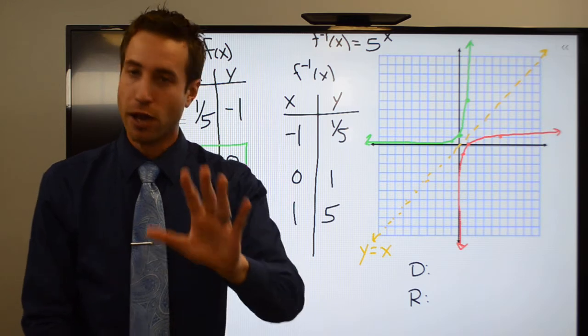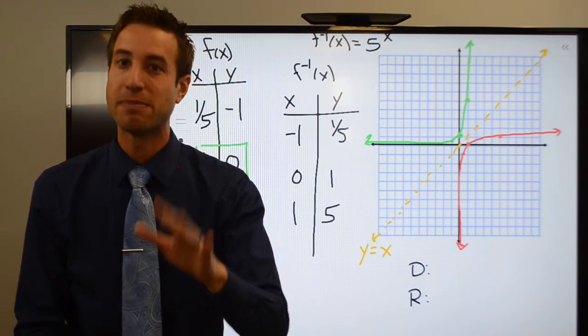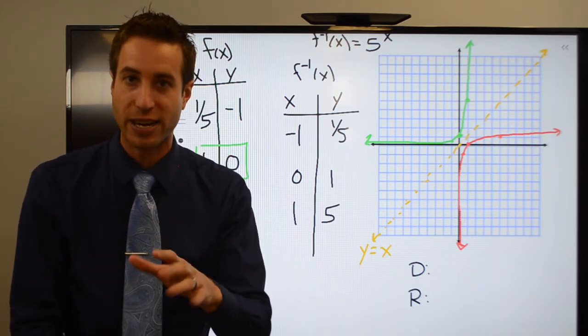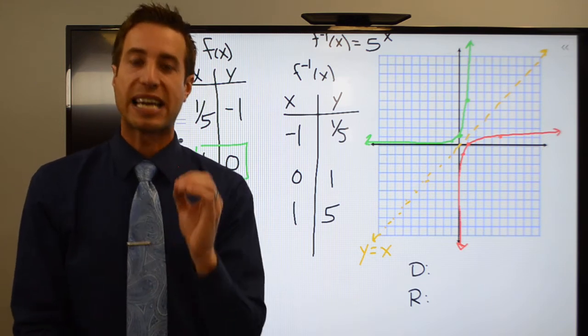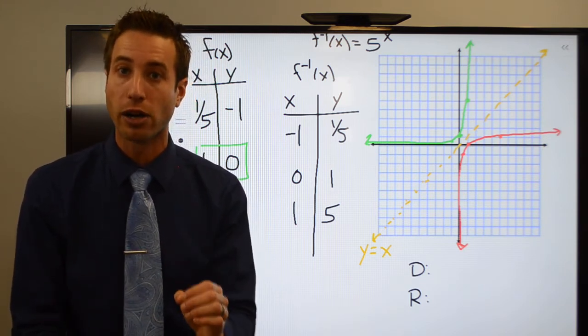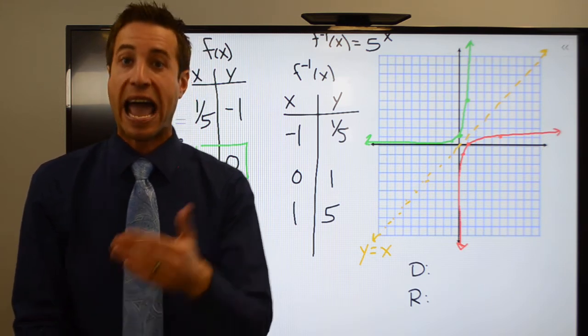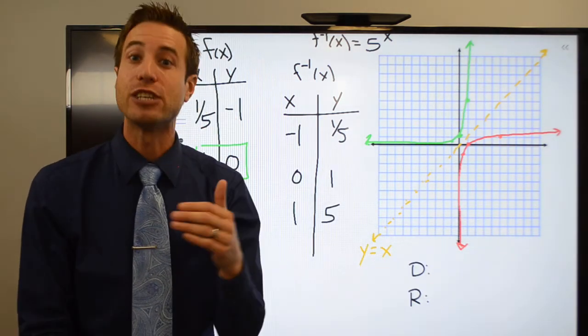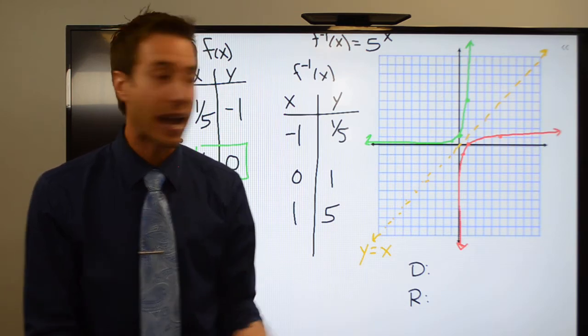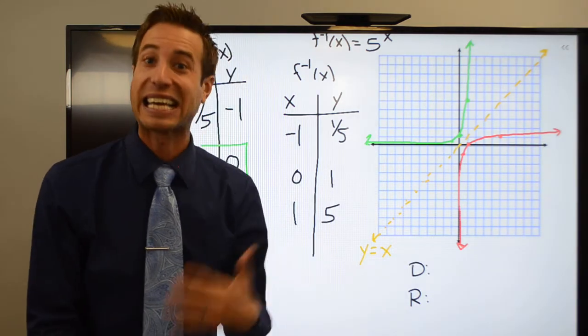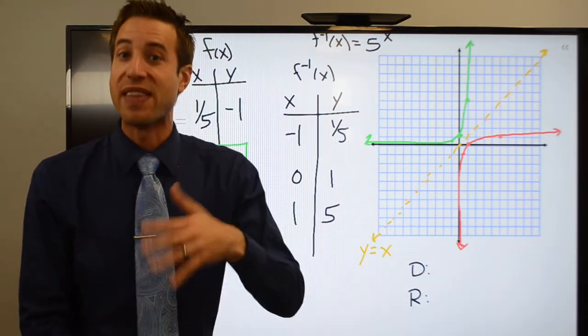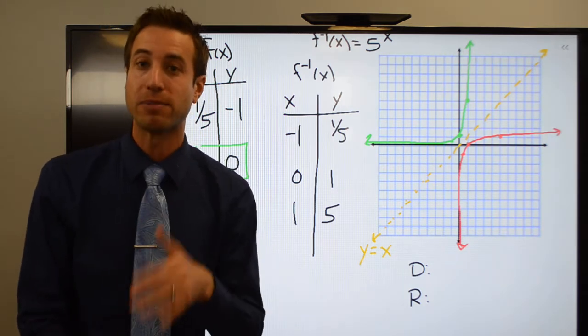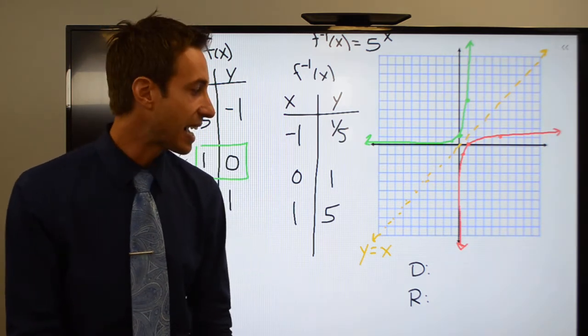That means, and again, feel free to try as many of these on your graphing calculator as you want to, you cannot take the log of a negative number. And the reason is because I have a vertical asymptote that is restricting my domain. Right? I have a vertical line that I cannot cross.